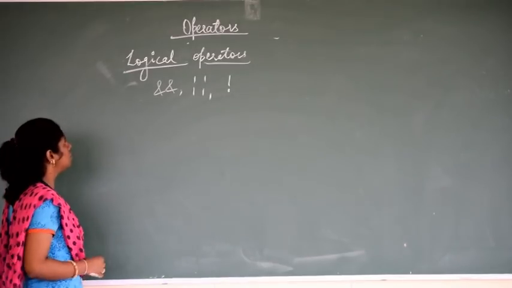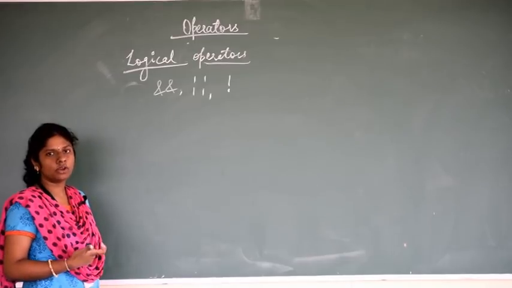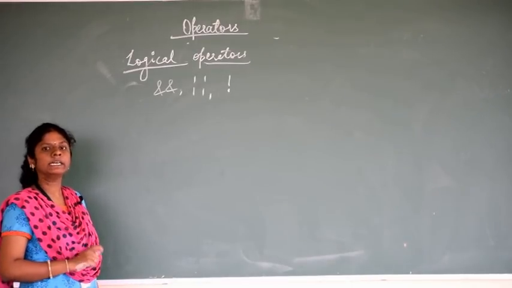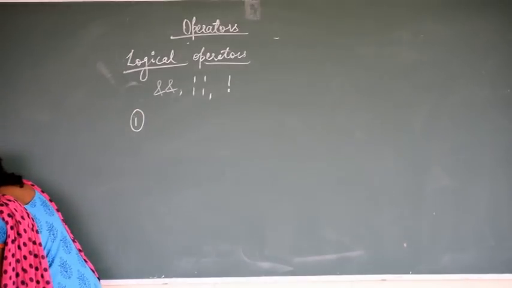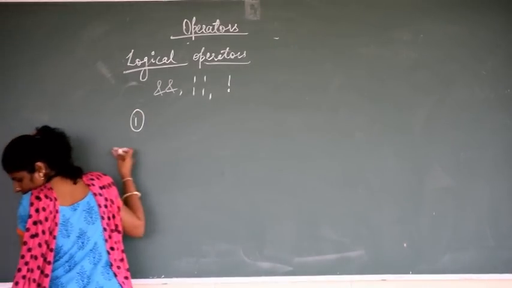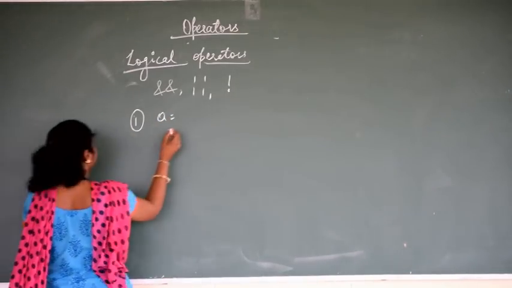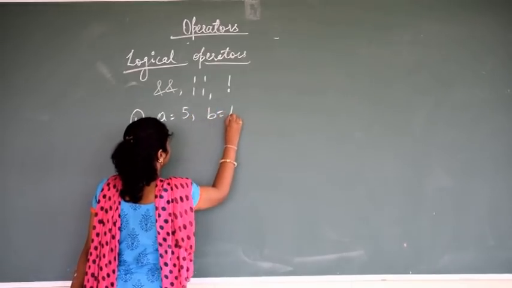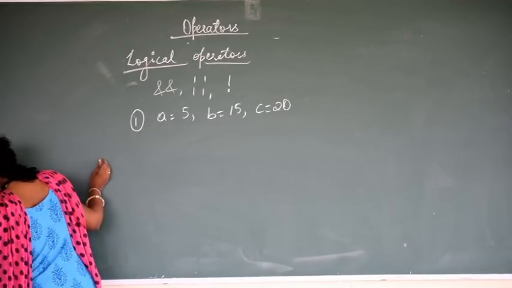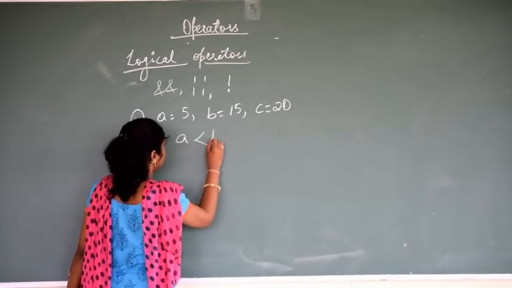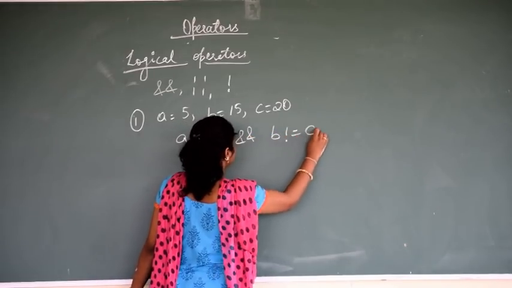In case of logical operators, the expression will be written with the combination of relational operators and arithmetic operators. One example for logical operator is A is equal to 5, B is equal to 15, C is equal to 20. The expression is A less than B and B not equal to C.